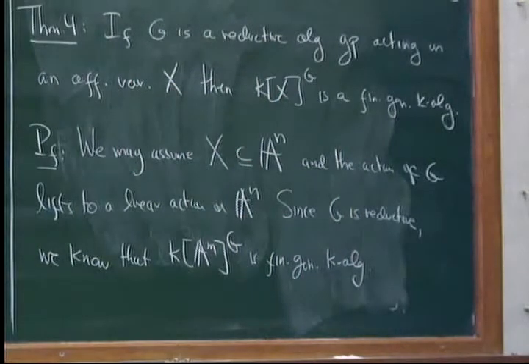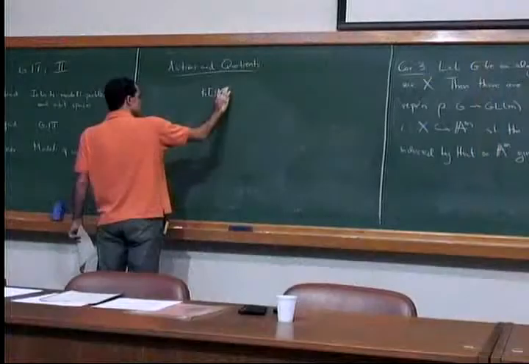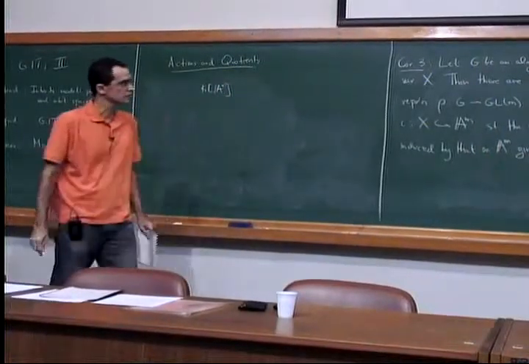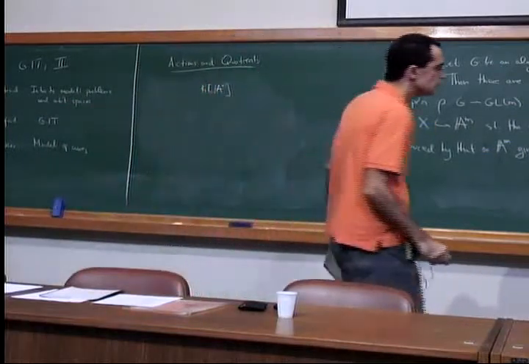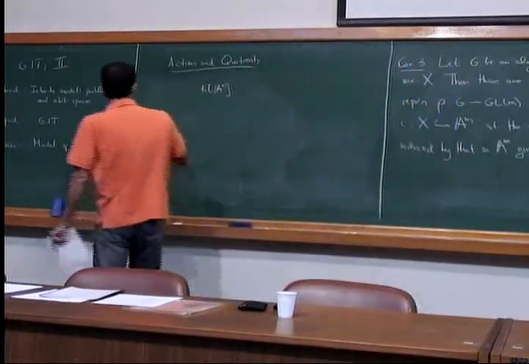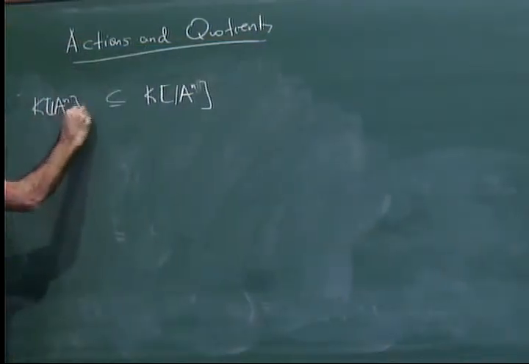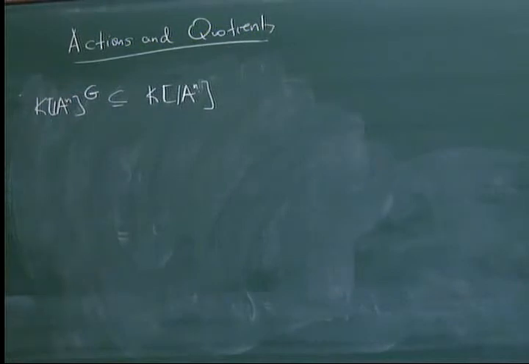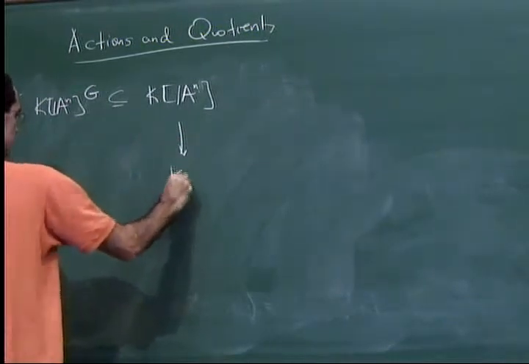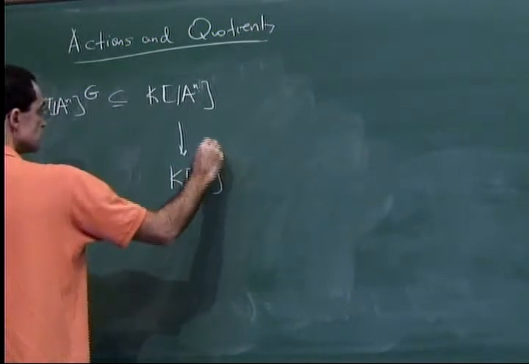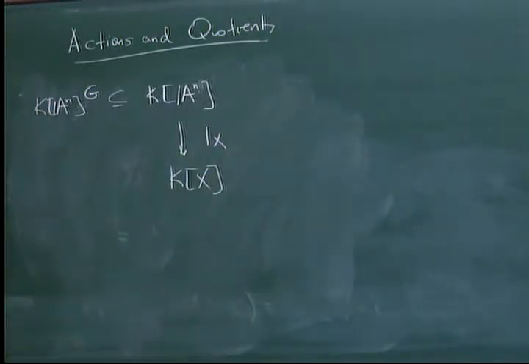Okay. So now what we do is we look at the restriction map. Switching back and forth between A^M and A^N, but here we have the ring of invariant functions. We have the restriction to X, right?